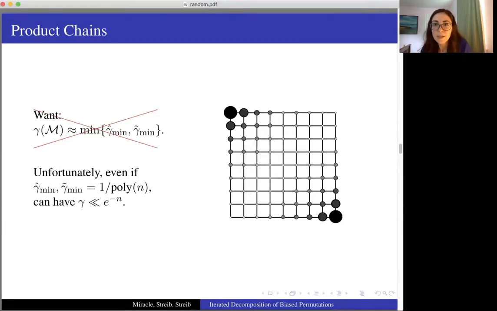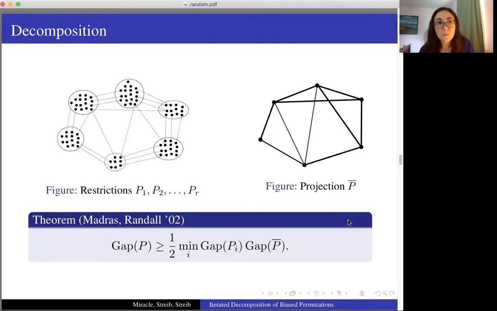So there are Markov chains that are rapidly mixing within each row and within each column, like the picture I've shown here, that still have this sort of bottleneck behavior where it's difficult, for example, to get from the top left corner to the bottom right corner. And this sort of bottleneck behavior is characteristic of exponential mixing time. So the classical way to get around this problem is to use the decomposition method, which was designed for this purpose.